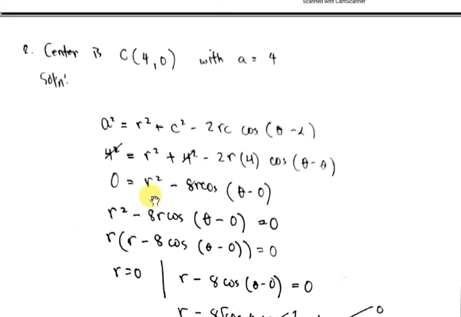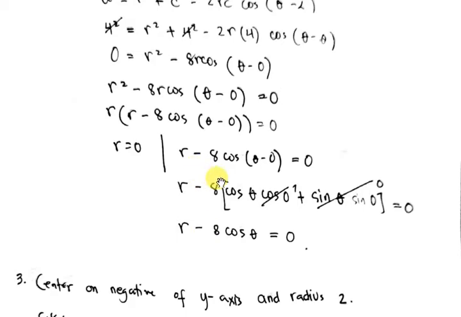Then we get this one, and we have r squared minus 8r cosine theta minus 0. You can use the properties here when there is something to cancel. We cancelled here because sine 0 is 0. So 0 na ito, so this is what remains. So the equation of the circle is r minus 8 cos theta equals 0.